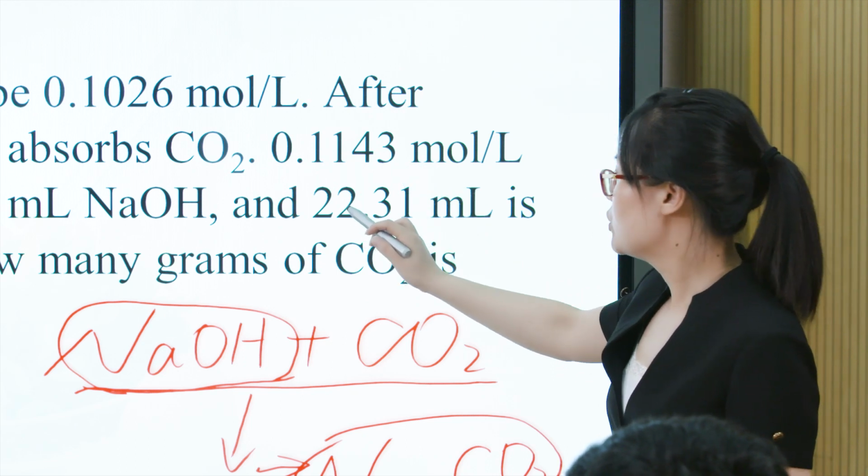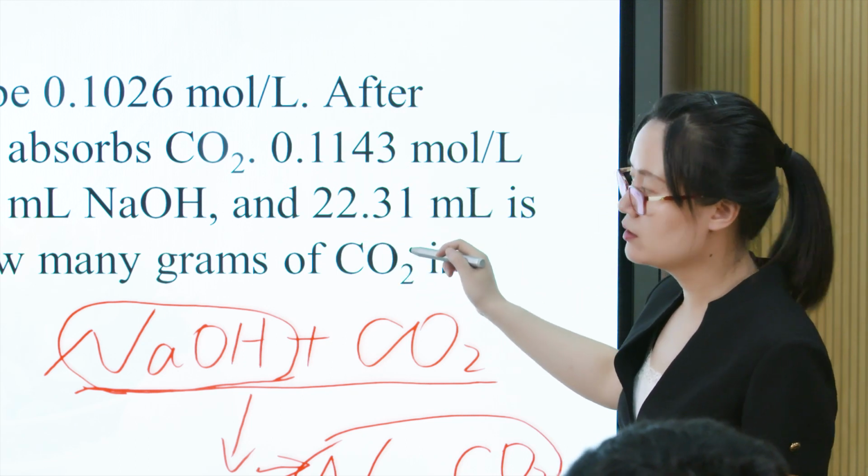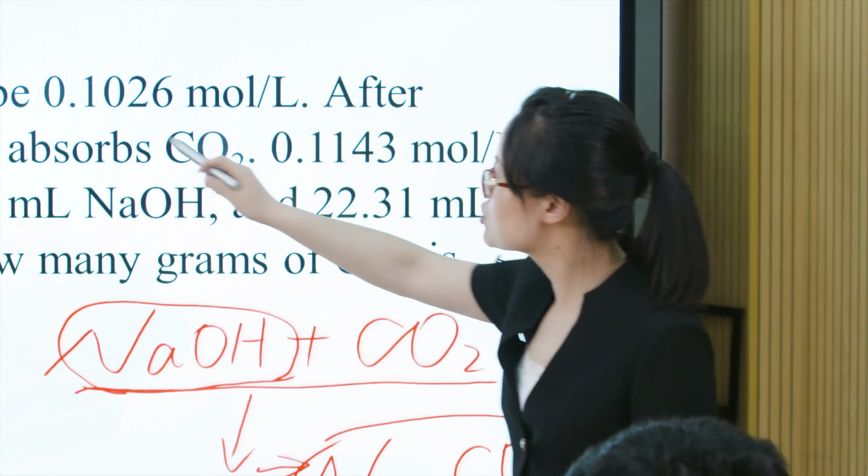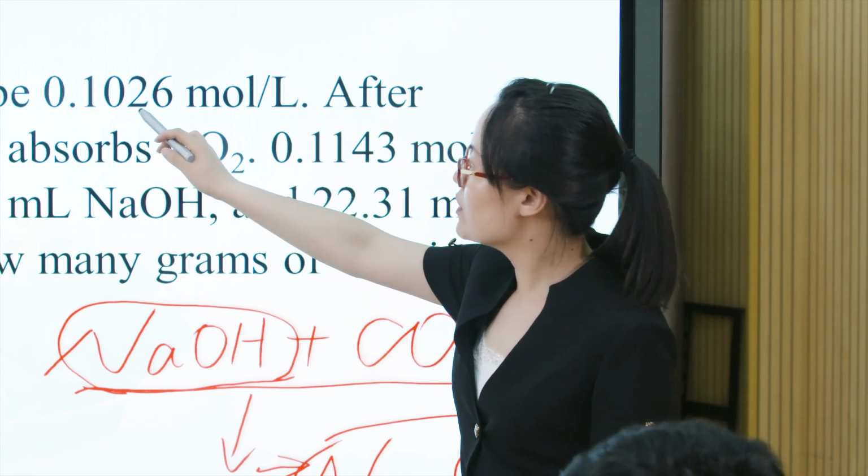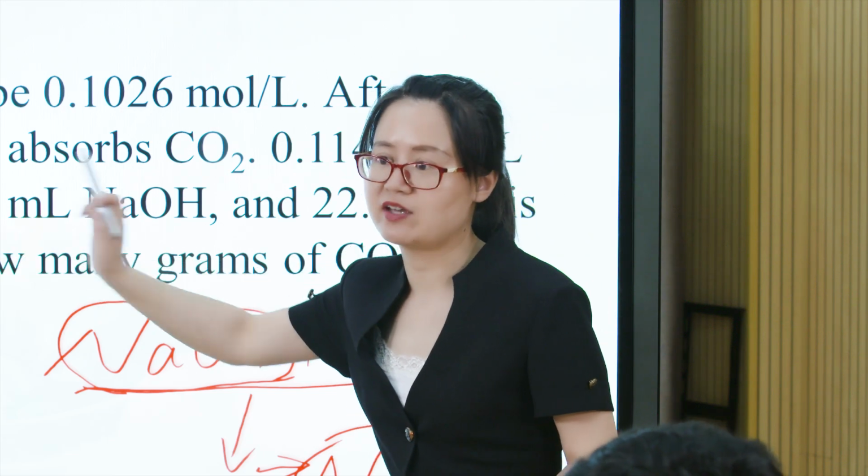We can find out 0.1143 times 22.31 doesn't equal 0.1026 times 25.